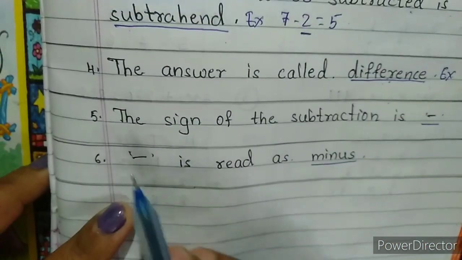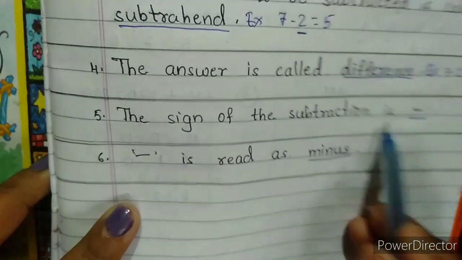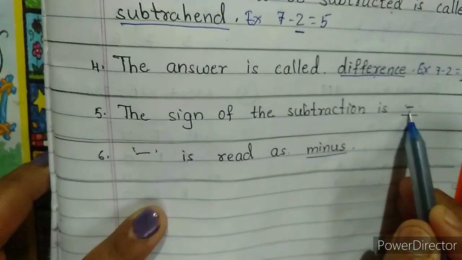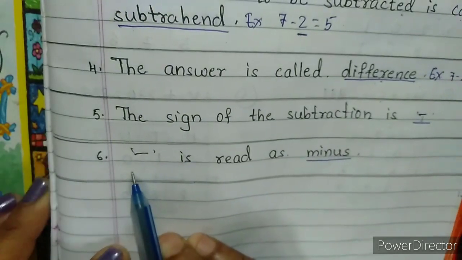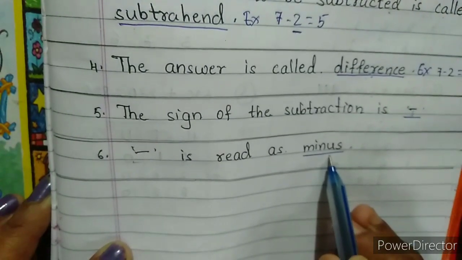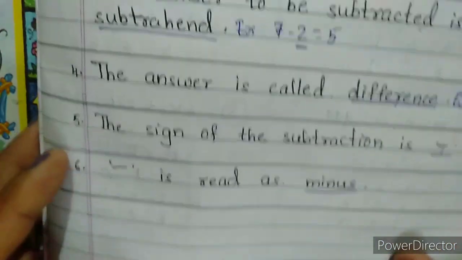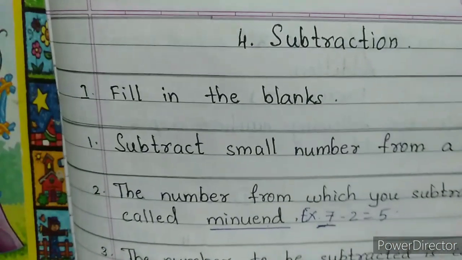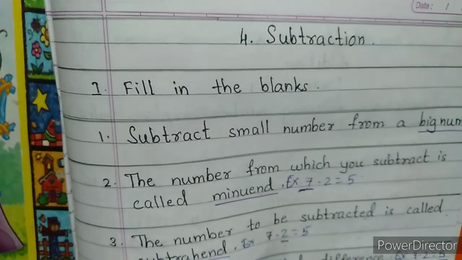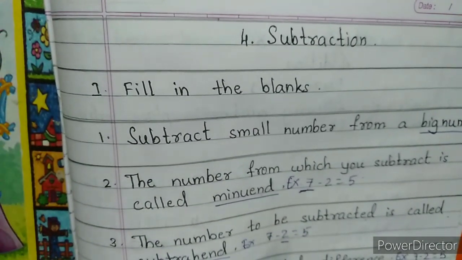Now, the sign of subtraction is minus, a small hyphen line. What is it read as? It is read as minus. Okay, so first you have to write this, fill in the blanks, before starting the exercise.